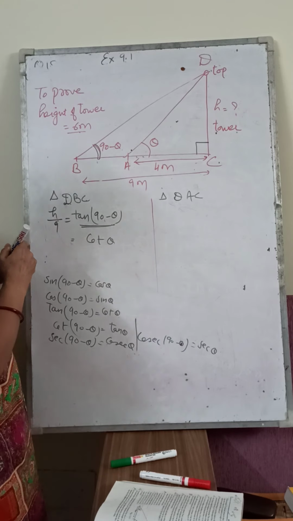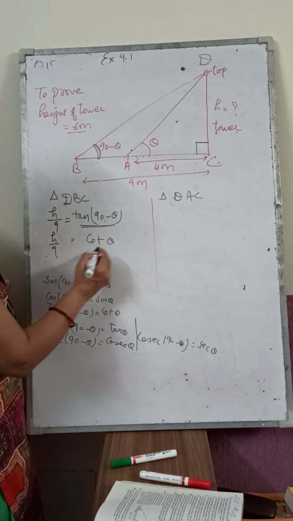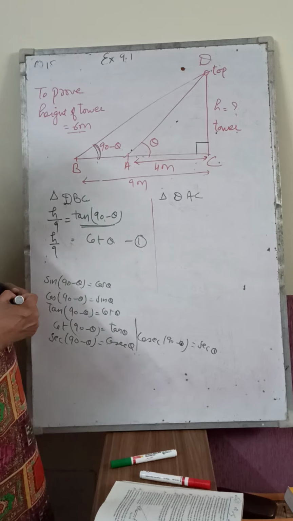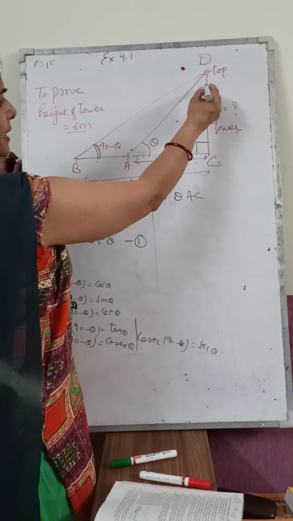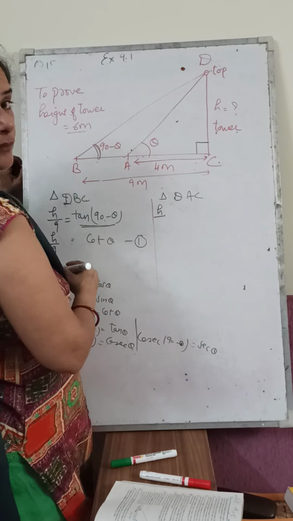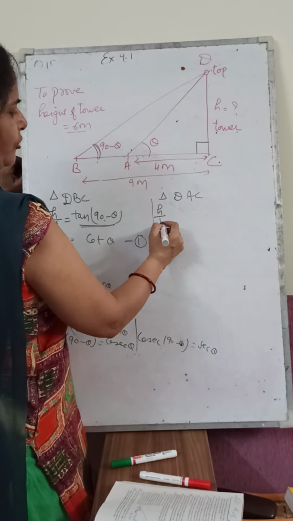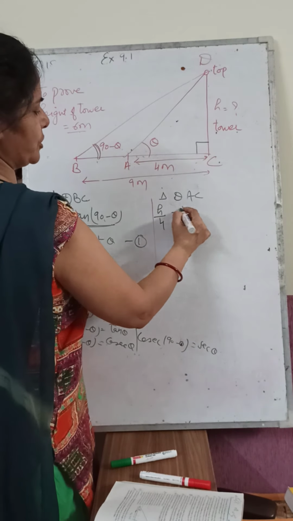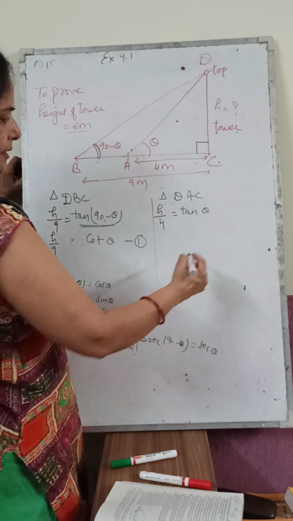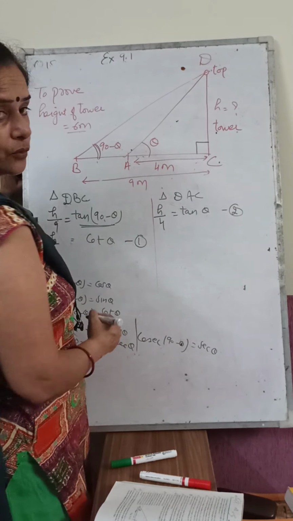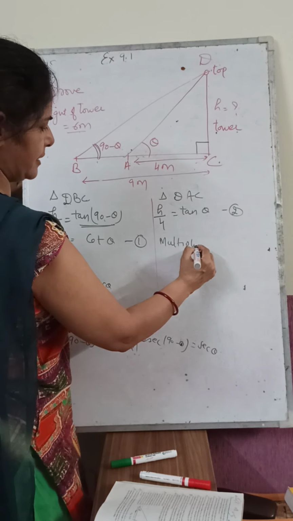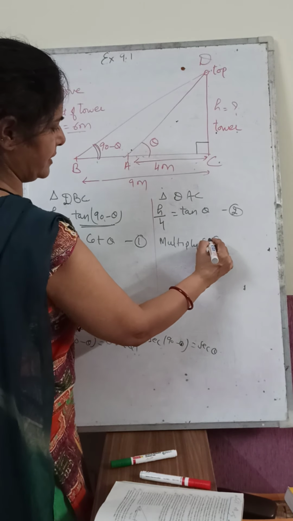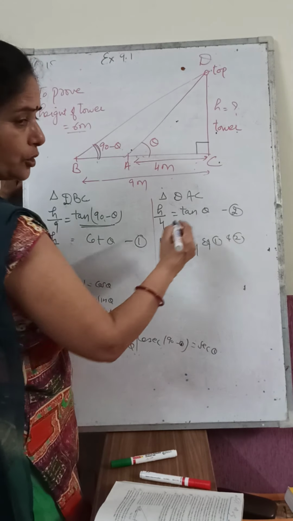So tan 90 minus theta is cot theta. So h upon 9 is equal to cot theta. This is equation 1. Come to this triangle DAC. Perpendicular is H, base is 4, h upon 4 is equal to tan theta. Suppose this is equation 2. Now multiply equation 1 and 2.